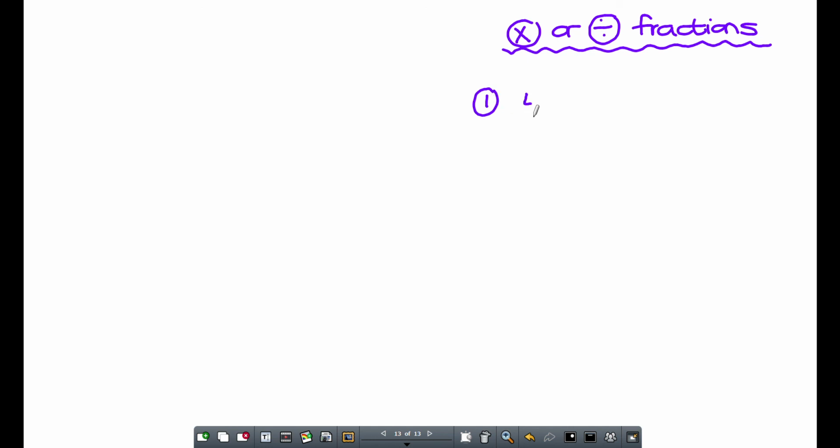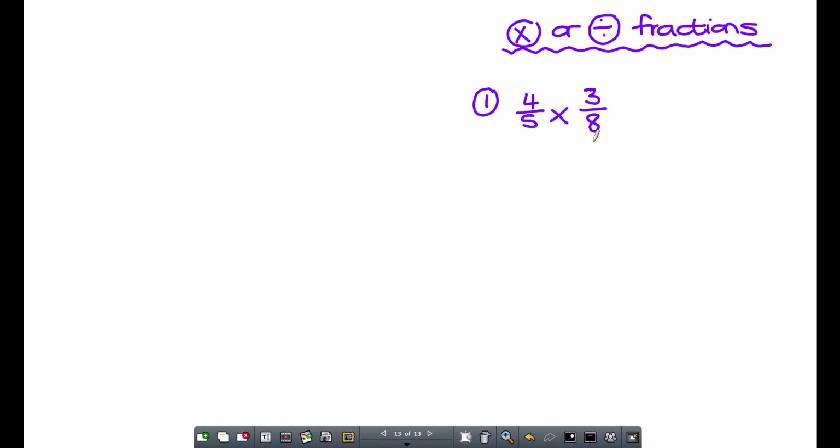If I gave you 4 over 5 times 3 over 8. Now you could have just multiplied the top ones with each other and the bottom ones with each other and then see whether we can simplify.